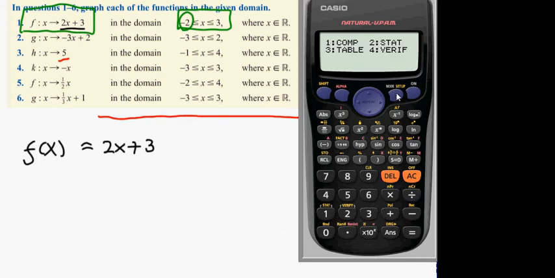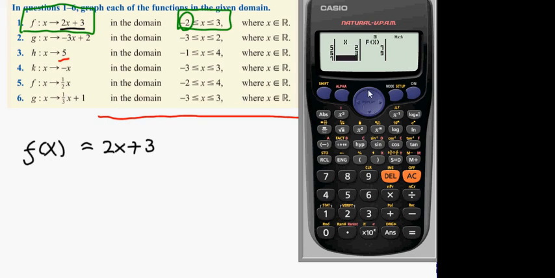You go to mode, table function, f of x equals 2x plus 3 equals. You're starting at the value to the left, which is -2. You're then ending at the value which is 3. You press equals, step of 1, and lo and behold, all your results are here.